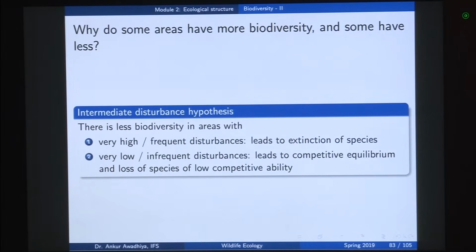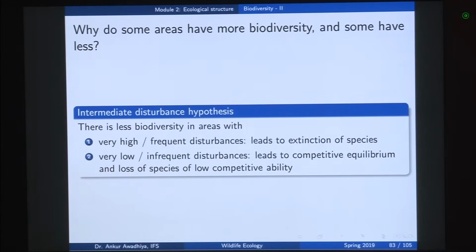So, a forest that took millions of years to come up into its current shape is chopped down and converted into barren land in a period of say a few months or 1 or 2 years. That is a very high level of disturbance.